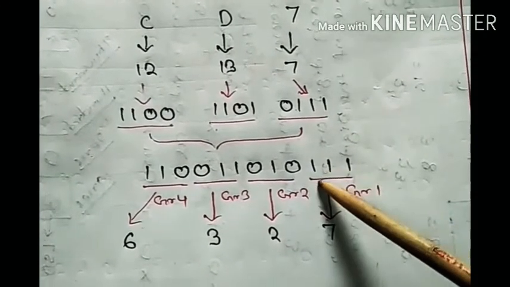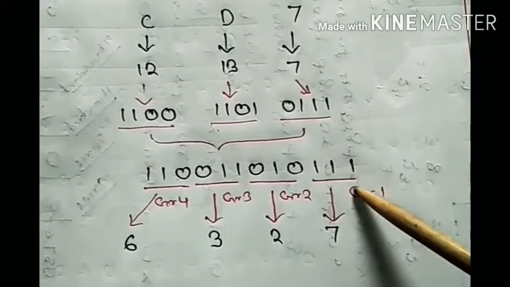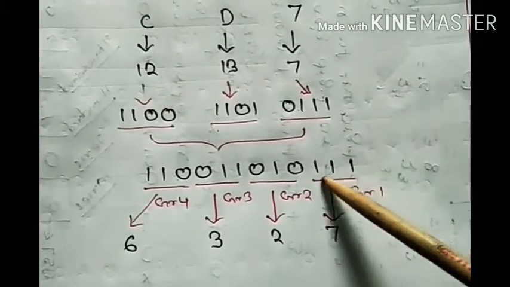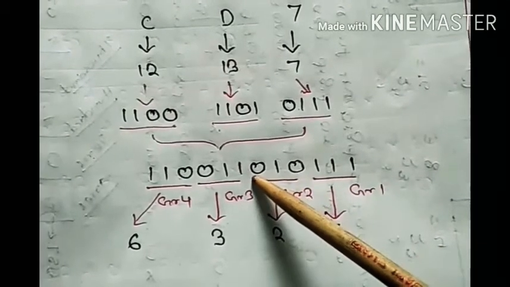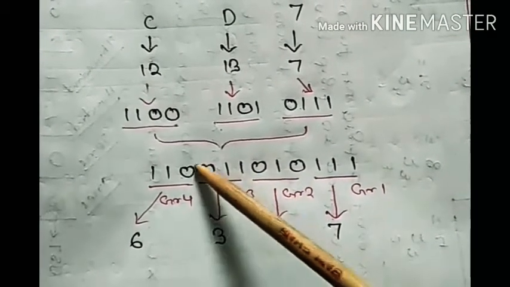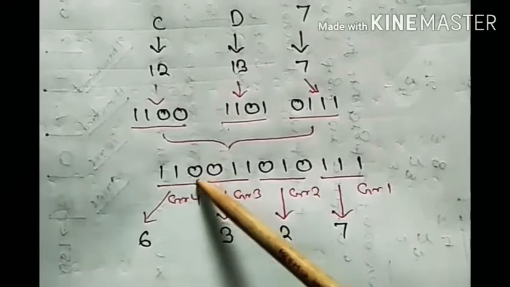In this binary number we will make groups of 3 bits from the LSB: group 1, group 2, group 3, group 4.